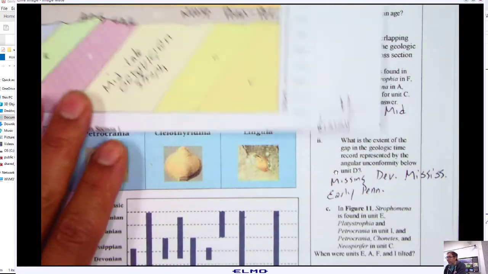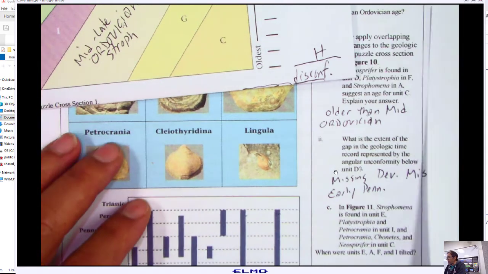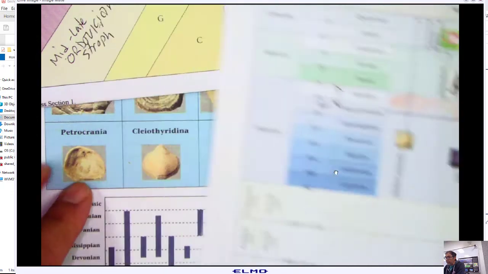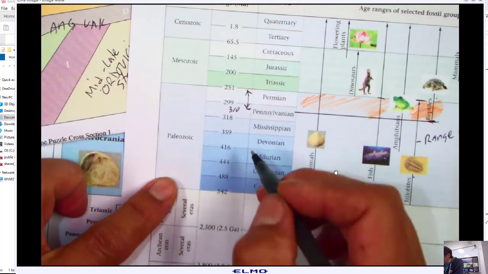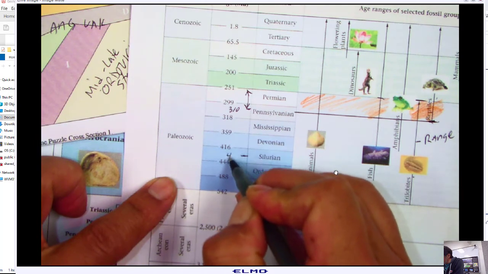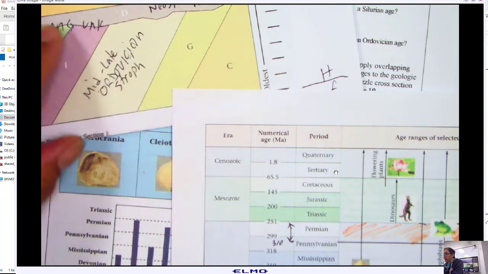So you can see what I'm doing there. I'm just kind of using these brackets. I guess if we wanted to actually put a number on there, so this Platystrophia goes to mid-Silurian, right? So mid-Silurian would be right in here. So let's say that's maybe about 425, and we're going to Pennsylvanian. Let's look at that Neospifera there.